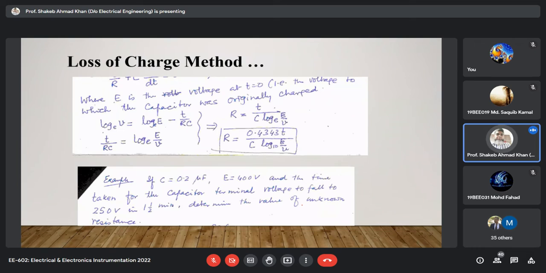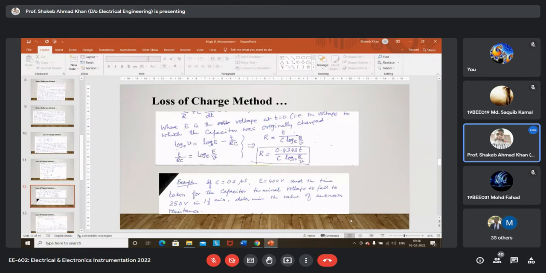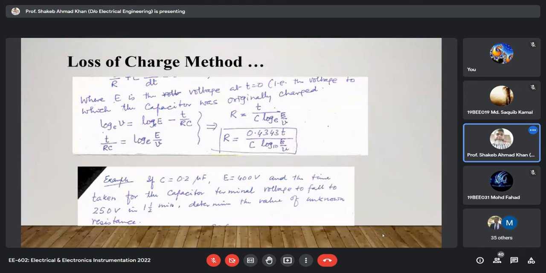So I simplified this equation, and then finally we found R is equal to t divided by C log base e of E upon v.